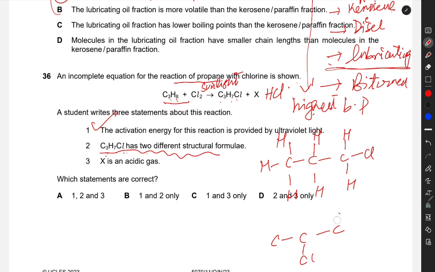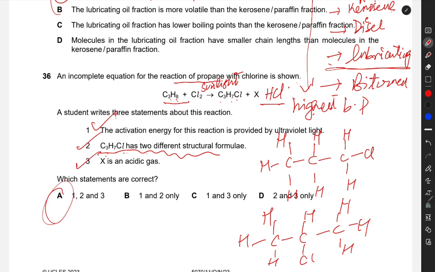So over here Cl, hydrogen, hydrogen, hydrogen. So C3H7Cl has 2 different structural formulae. This is also correct. X is an acidic gas. Yes, X is HCl, so it is an acidic gas. So 1, 2, 3 are correct. So A option is correct.